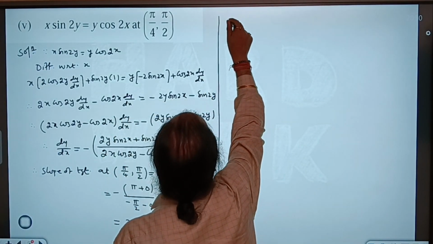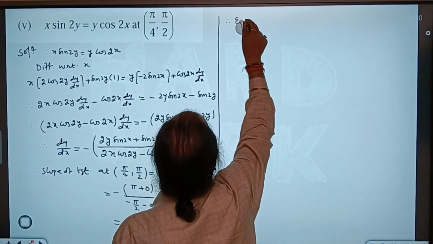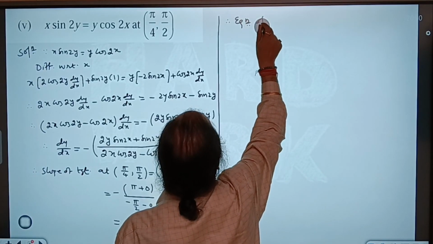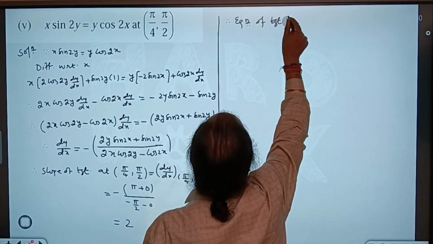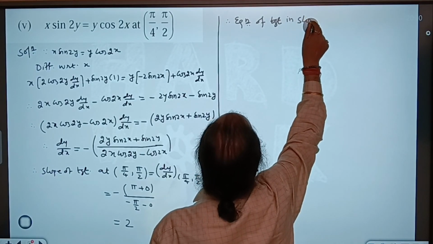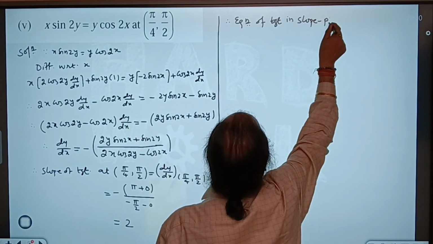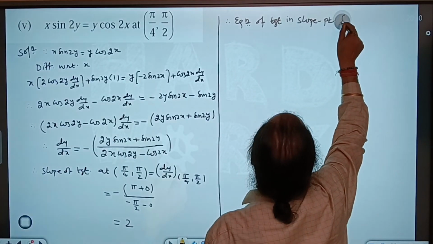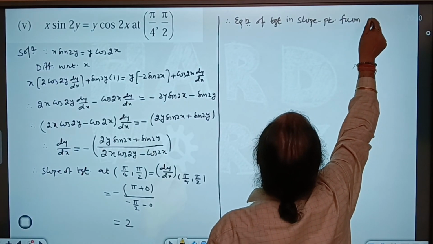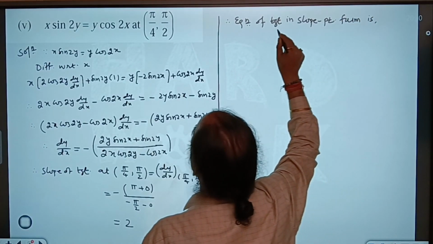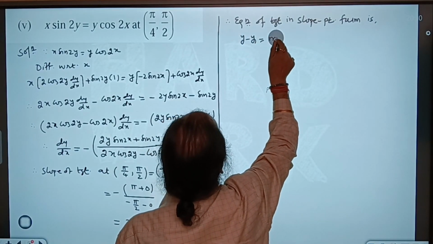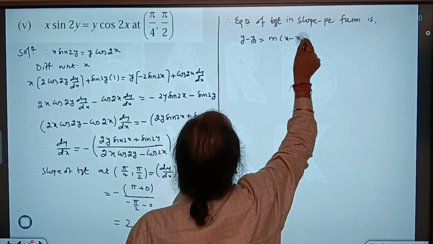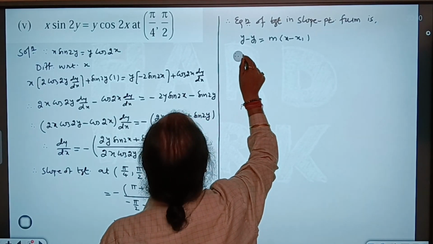Therefore, equation of tangent in slope point form is y minus y1 is equal to m into bracket x minus x1.